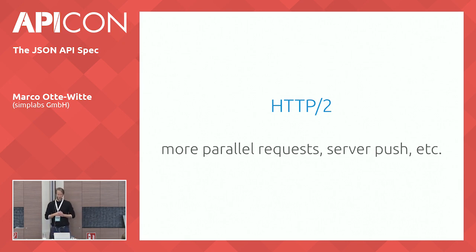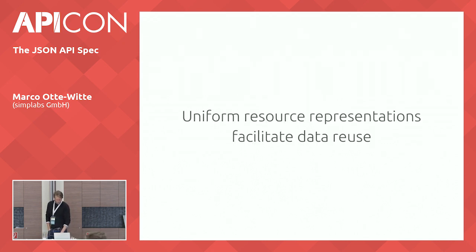Another thing that I wanted to talk about, and that comes back a bit to the warning about sparse field sets that I gave earlier, is the fact that uniform resource representations facilitate data reuse.